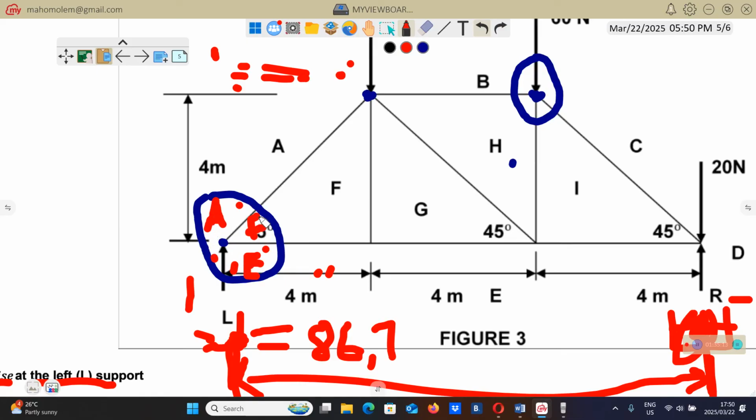Don't move from E to F. Don't move from F to A. You will be moving anti-clockwise. Now, you will start moving. Anyway, you can start anywhere. Let's start at A, from A to F.